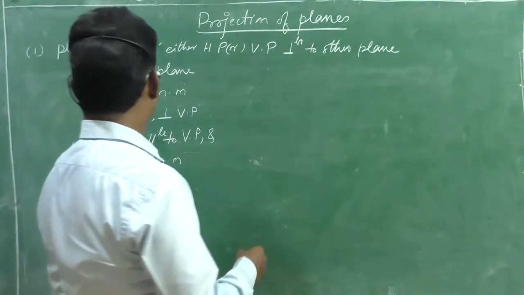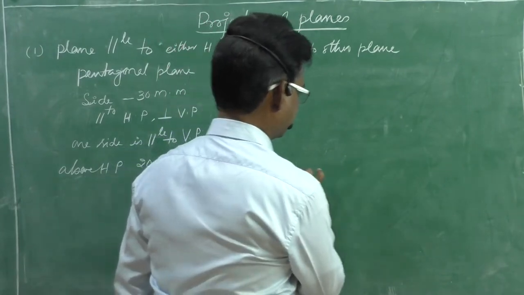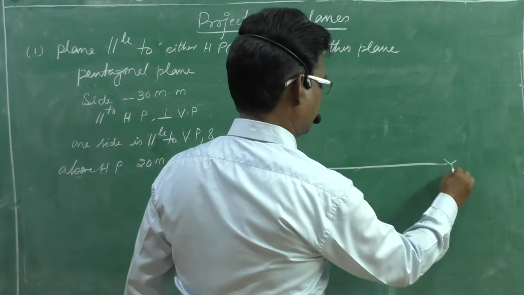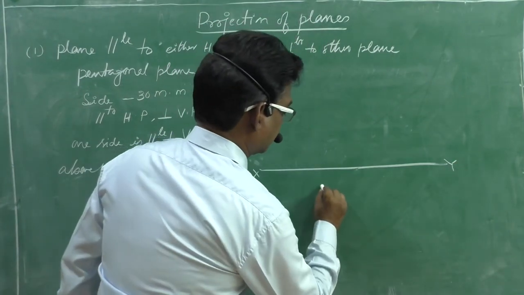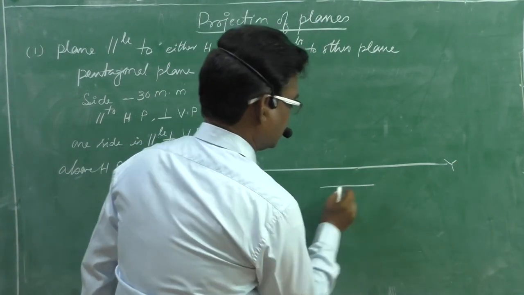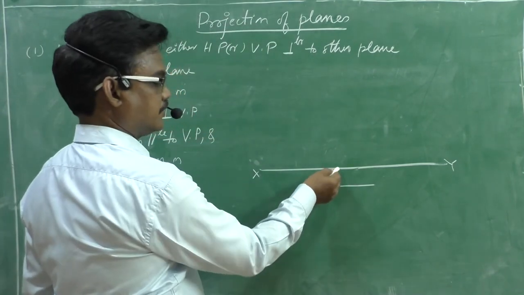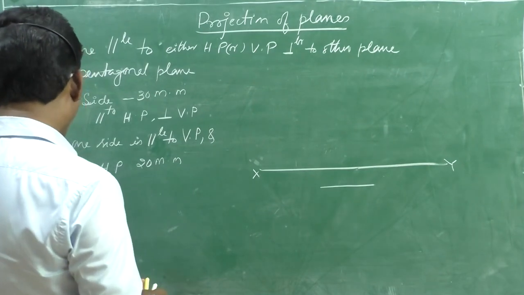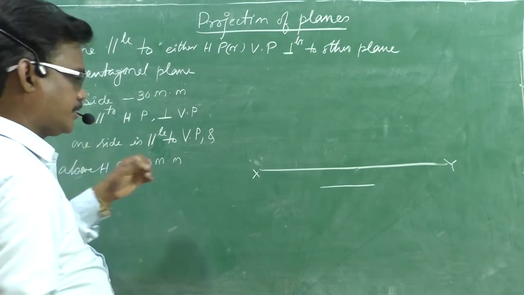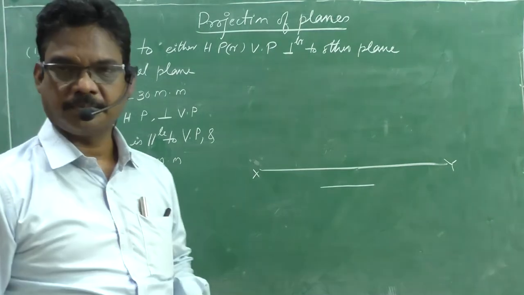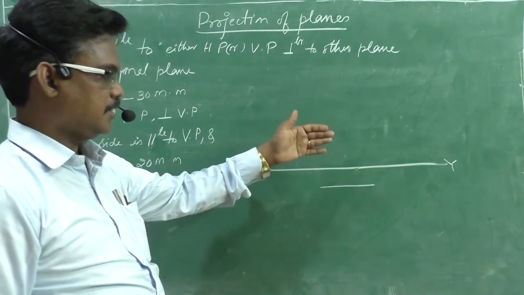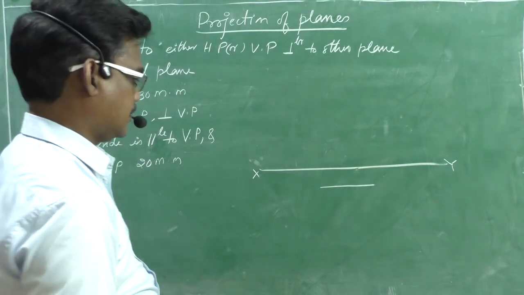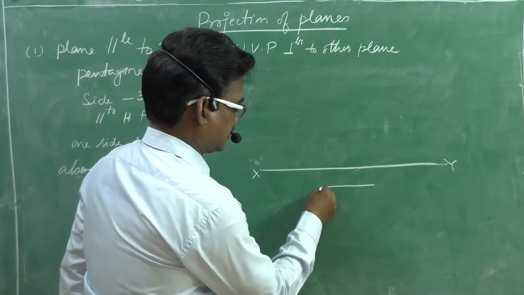With 30 mm side, this is the XY reference line with 30 mm side. This distance we can consider any distance, because it is not given in the problem. In front of VP, how much distance? It is not given. That is the reason any distance.